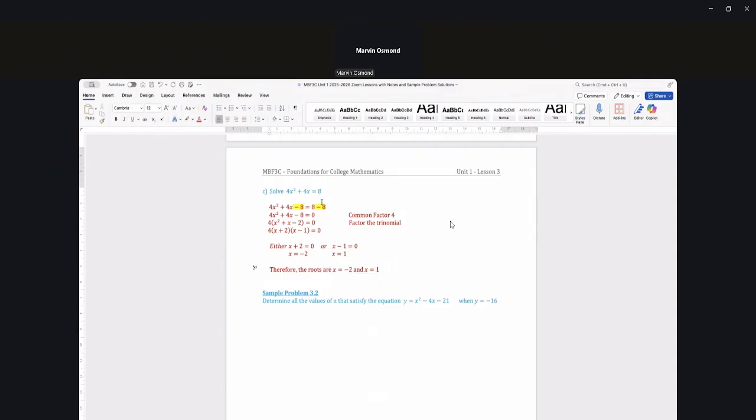Now, again, if we graph this here, y equals 4x squared plus 4x minus 8.